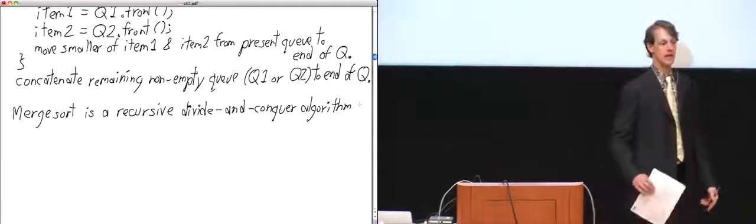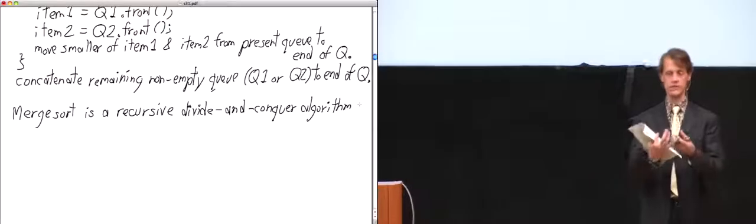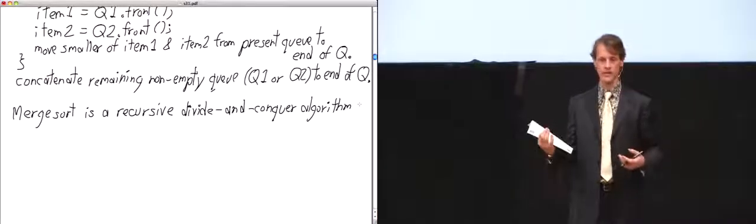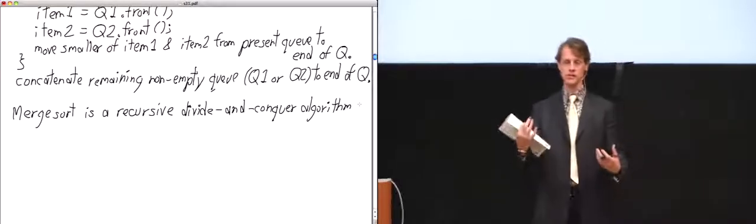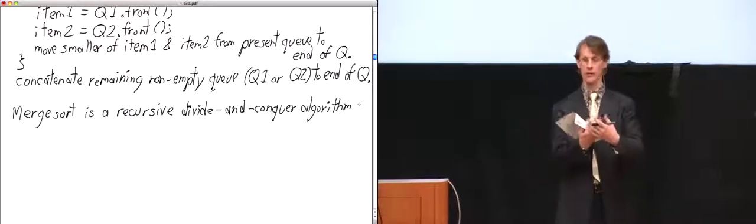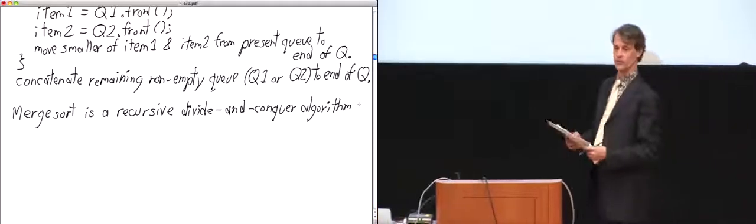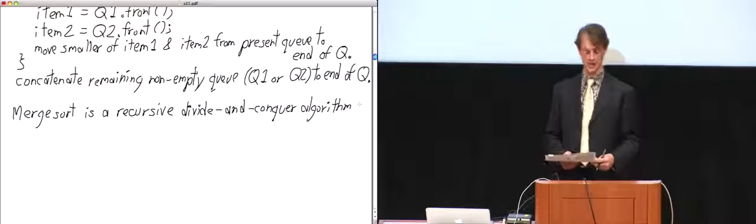What merge sort does is it divides your unsorted list of numbers into two separate unsorted lists of numbers in no particularly interesting way, just divides it into two sets. It recursively sorts each of those two sets separately, and then it merges them together into one sorted list. And that's the conquer part, when you remerge the two lists that you divided.